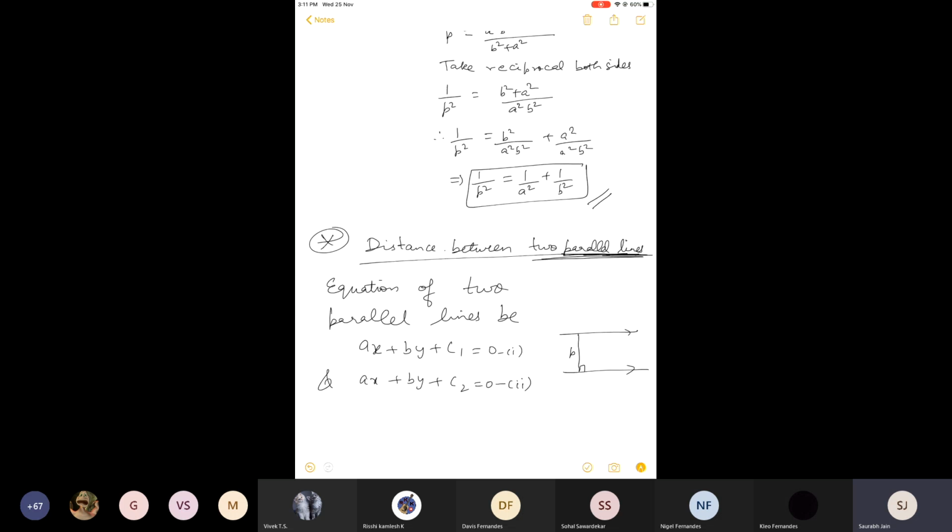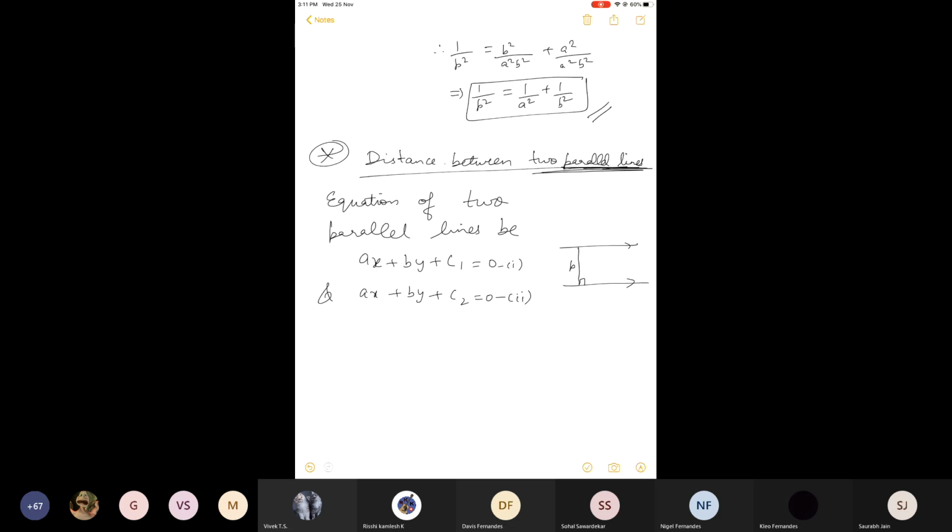See, observing these two equations, can anyone tell me why they are representing parallel lines? What is so special about these type of equations and why they are coming parallel here? What is the reason?